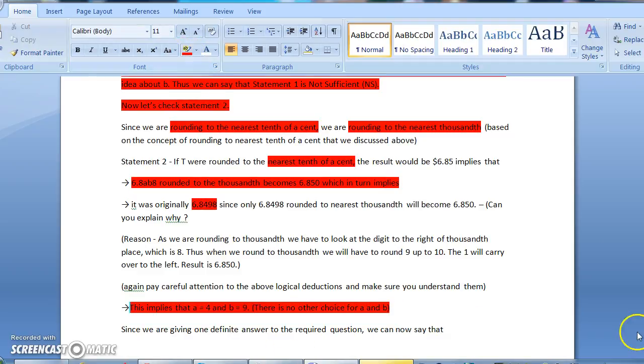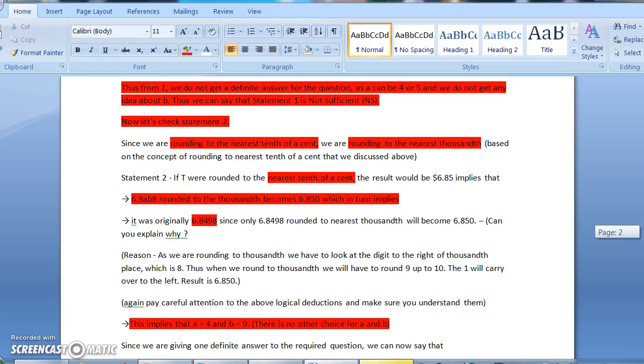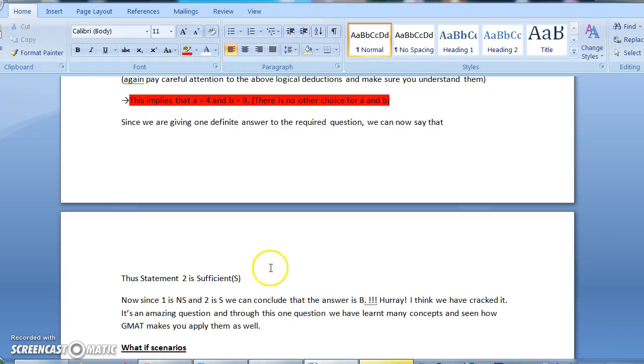This is a very tricky one. Make sure that you got this very, very clearly, and that therefore implies that statement 2 is sufficient alone by itself. Now, statement 1 was not sufficient. If you recollect, statement 2 is sufficient.